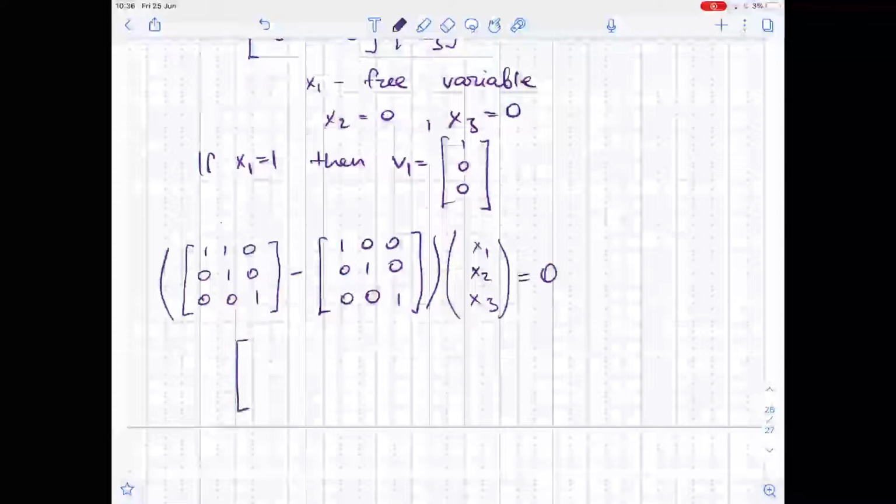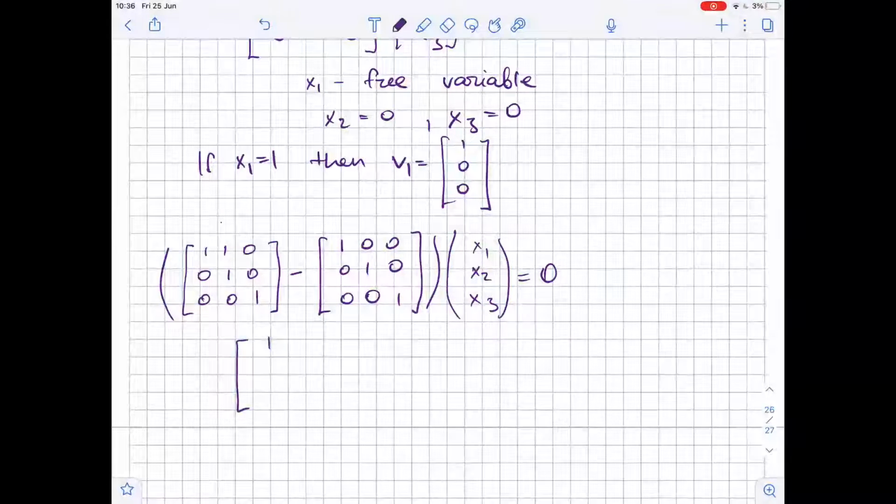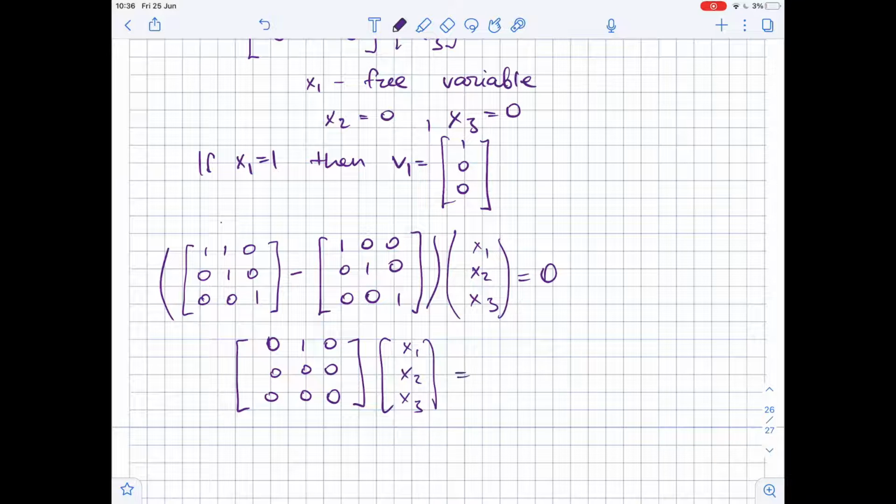So here we get 0, 1, 0, then 0, 0, 0, 0, 0, 0 times x1, x2, x3 equals 0.